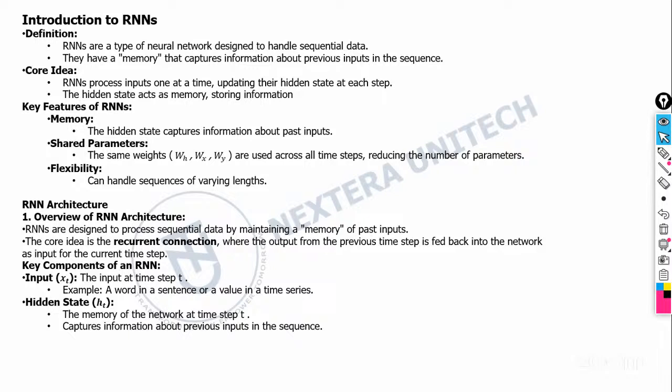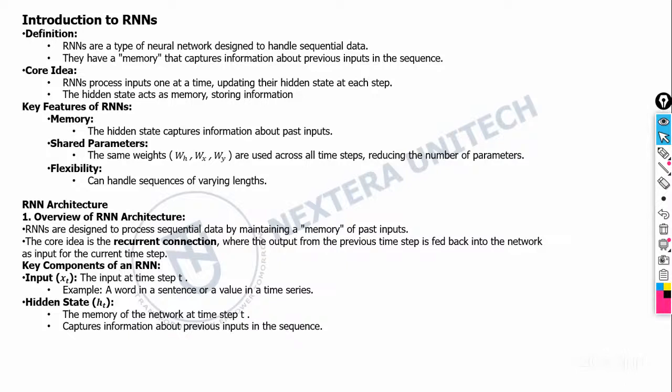So friends, pay attention, because whatever you're going to learn as part of this session, we are going to implement this particular theory part on a project. Probably tomorrow, in the next session, we are going to come up with a use case where we'll implement a recurrent neural network.